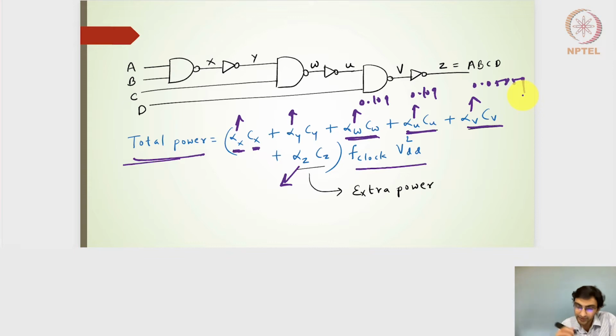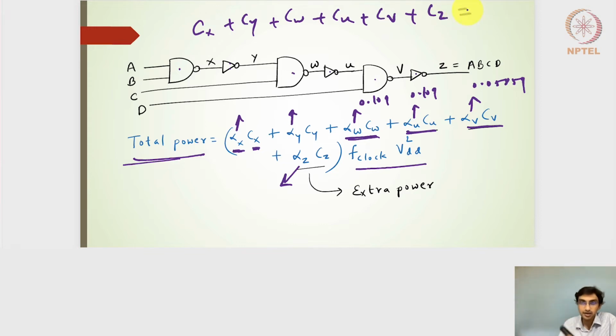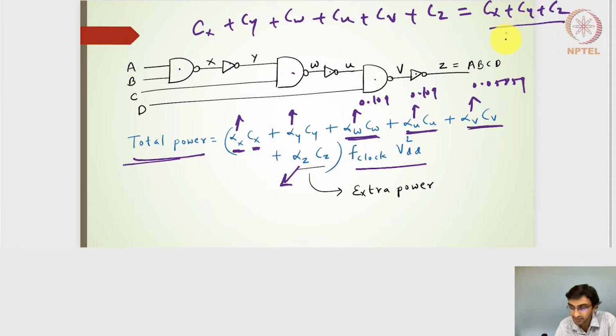And even if I consider the widths of all these six gates, I will specify some kind of a width so that the overall capacitance of Cx, Cy, Cw, Cu, Cv and Cz equals my multi-stage architecture Cx plus Cy plus Cz.